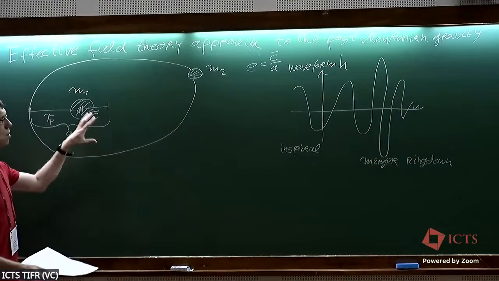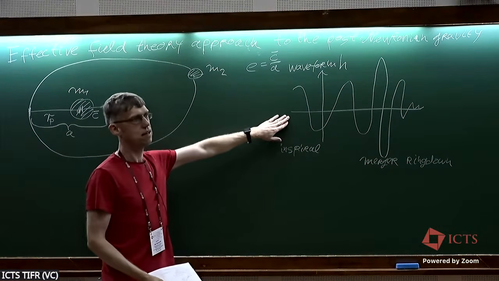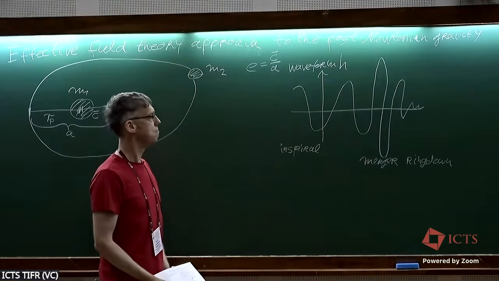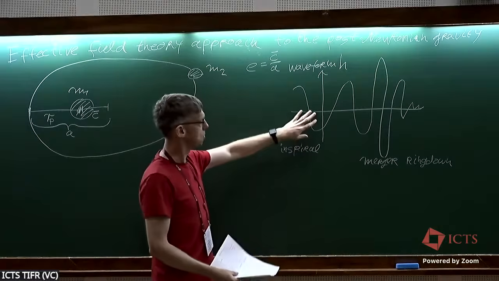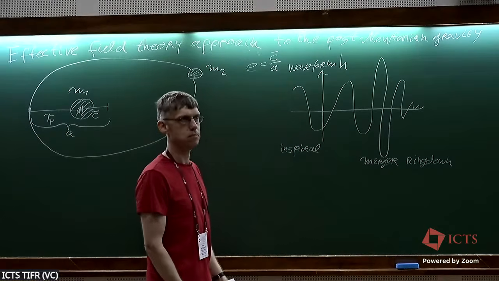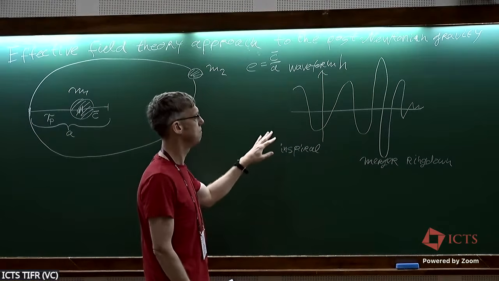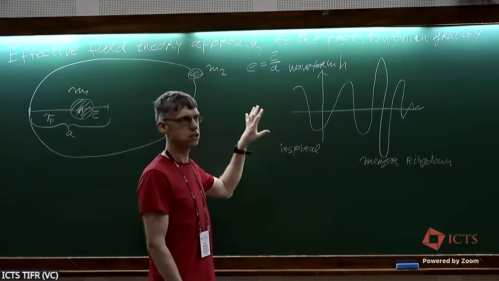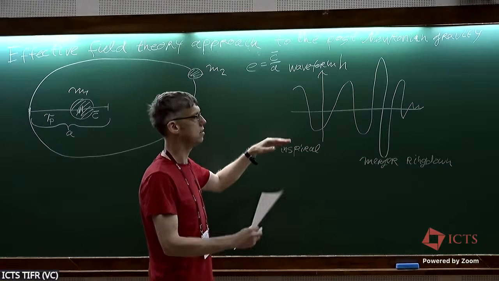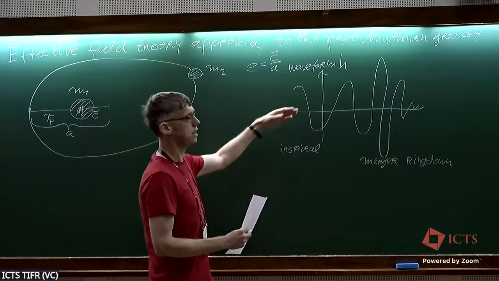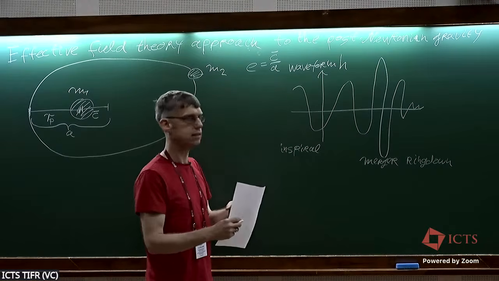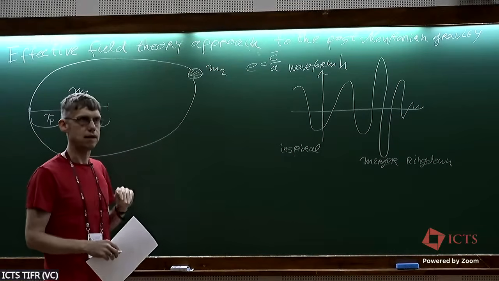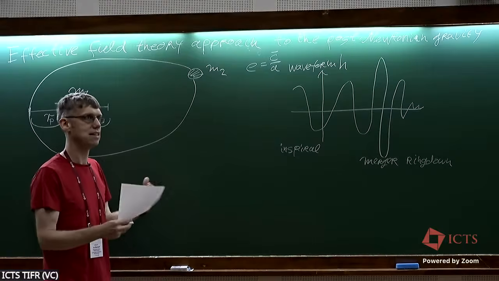Now, if we want to predict the gravitational waves, there are several methods which one can apply. And predicting those gravitational waves is very important because in the process of analyzing the data measured by the detectors, one needs to compare the predicted signals with the measured signals. Often the signals are also buried under noise, so then it gets even harder.